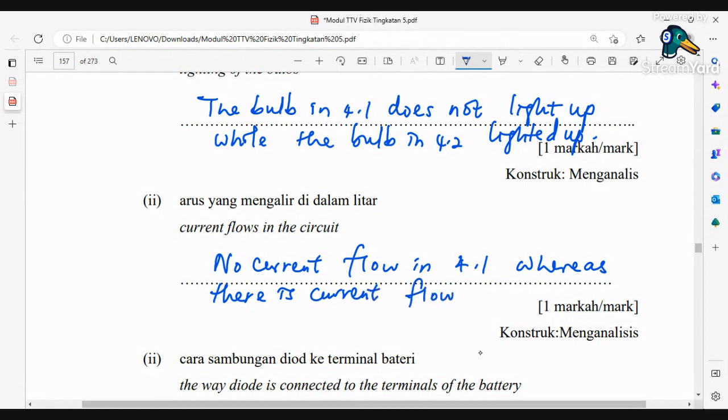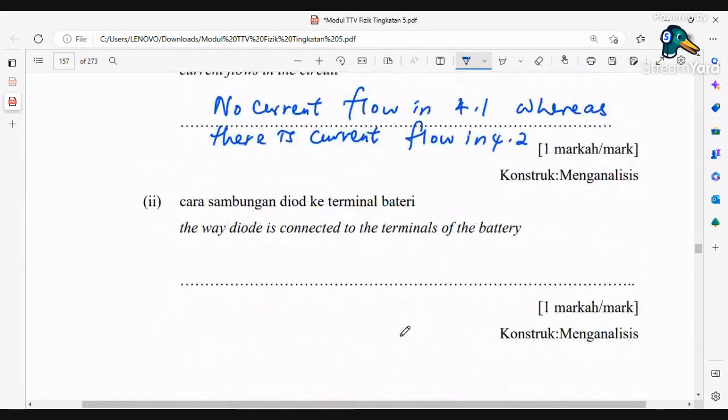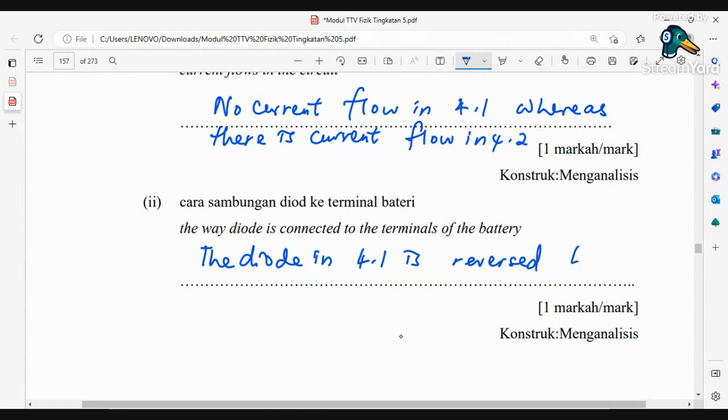There is current flow in 4.2. The diode in 4.1 is reverse bias, while the diode in 4.2 is forward bias.